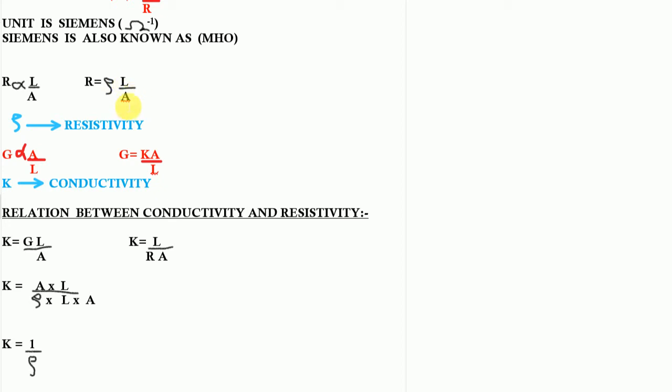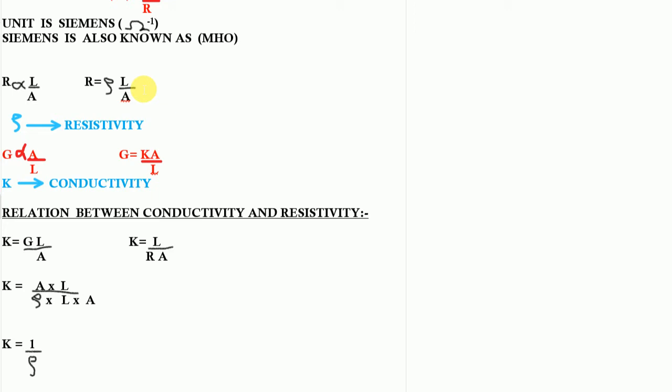So when you put these as 1, automatically resistance will become equal to resistivity. So resistivity is nothing but the resistance offered by 1 meter length of conductor having 1 meter squared of cross-sectional area. So this was the definition of resistivity.